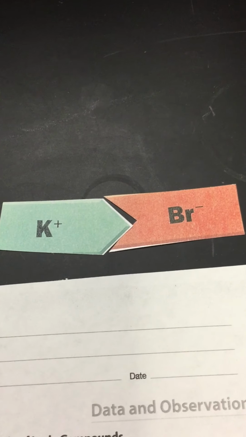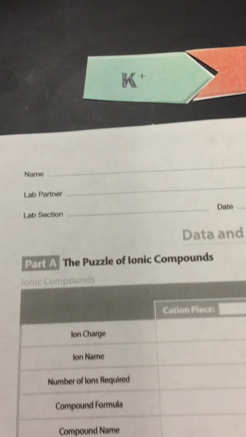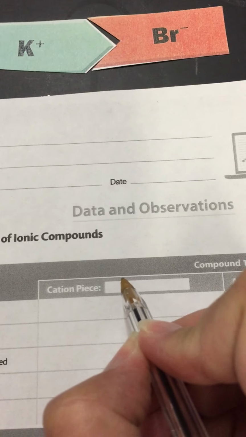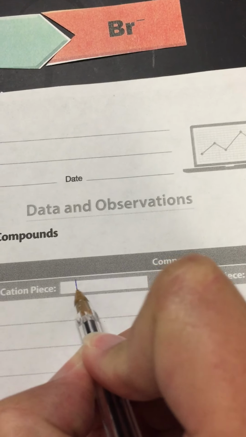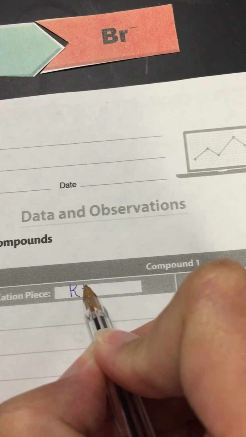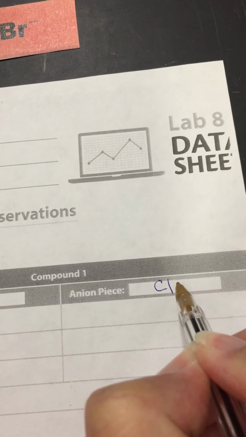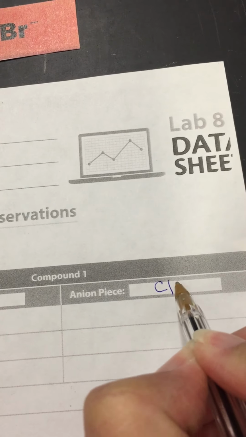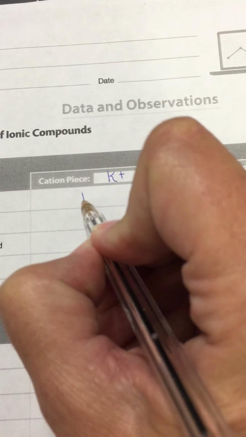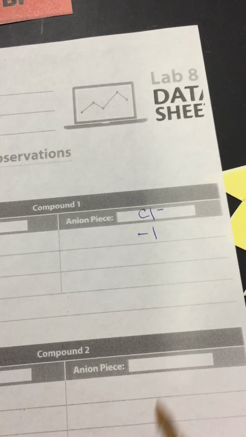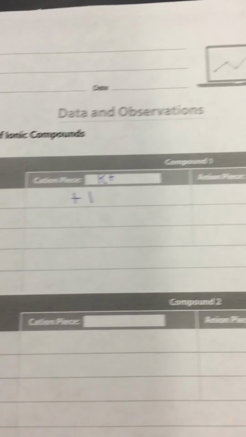For this first compound, KBr, what's the cation piece? The first combination we looked at is K positive for the cation and bromide negative for the anion piece. What's the ion charge? +1 here, -1 under the anion column.